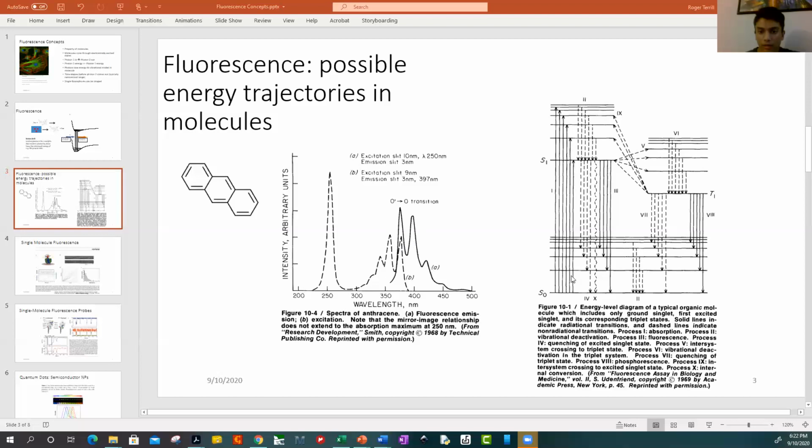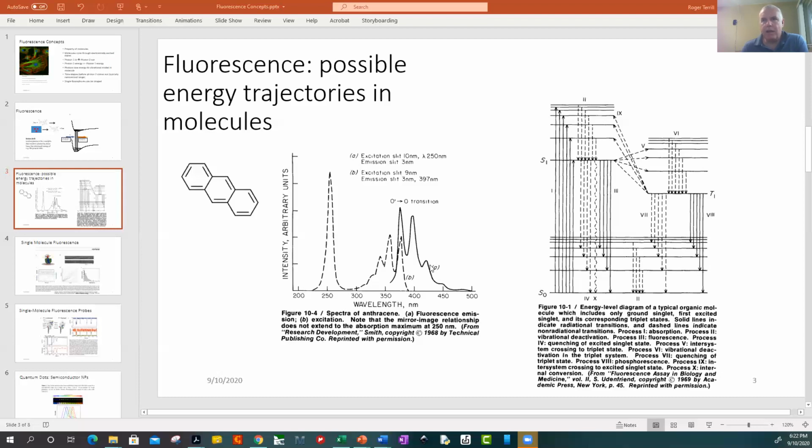Would it be the solid lines going downwards that are next to the Roman numeral 3? Yes, exactly right. It could be these guys or it could be these guys. There's nothing in the information that we have here to distinguish between those necessarily. But the fact that they are solid and they're downward means that they correspond to emissions. This is the emission scan, right?